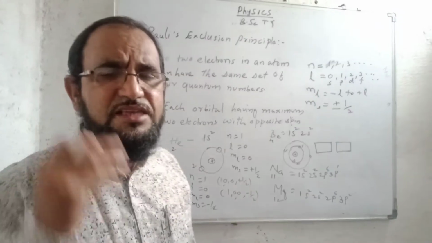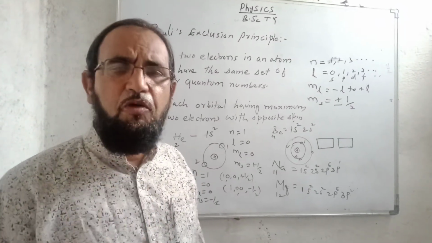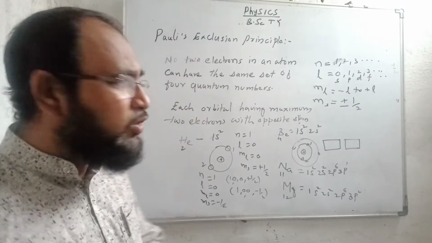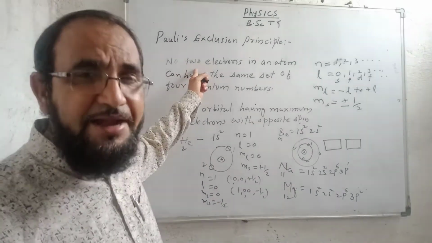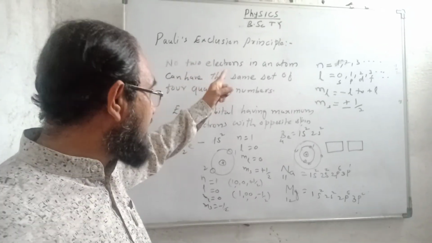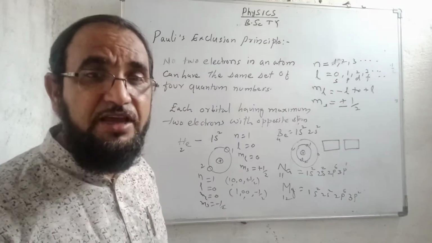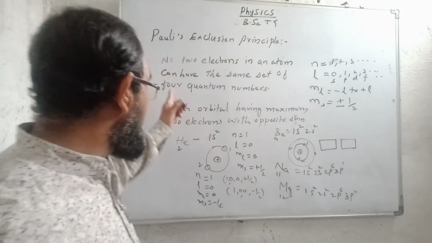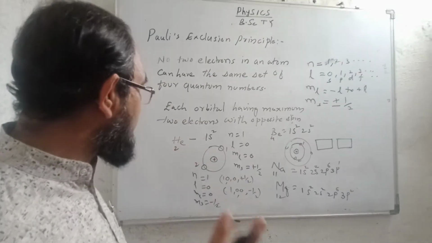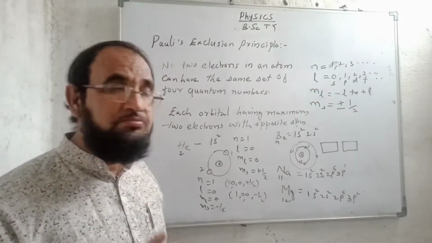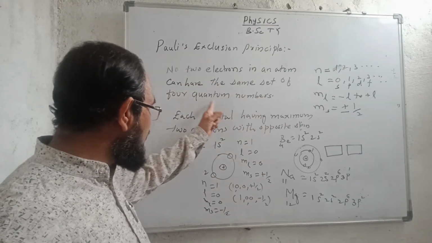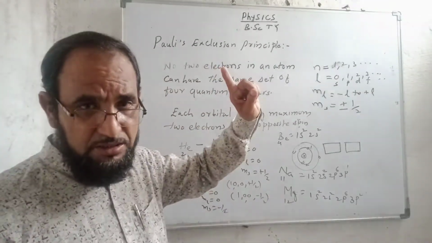So here we can explain the Pauli's exclusion principle, and it states that no two electrons in an atom can have the same set of four quantum numbers.